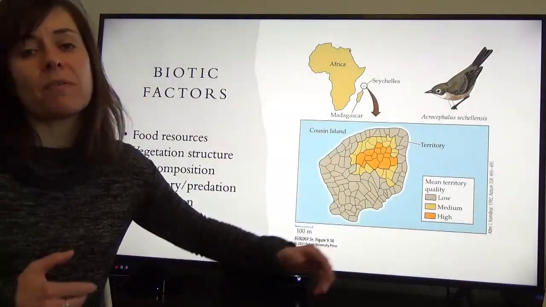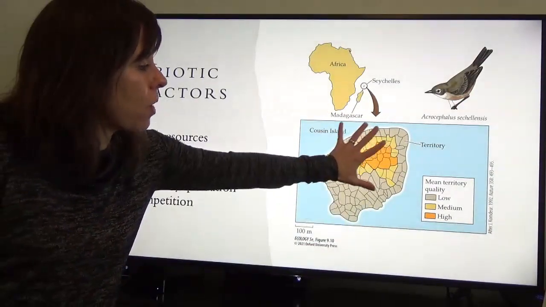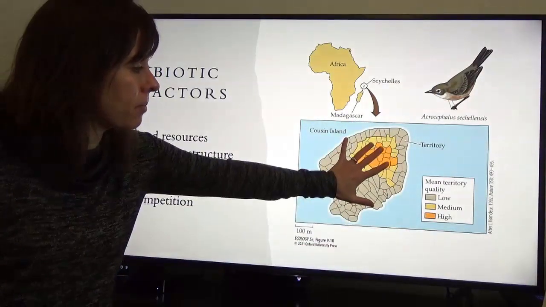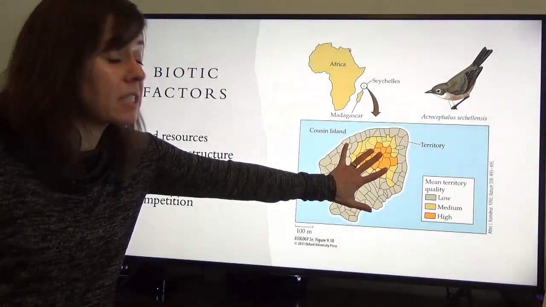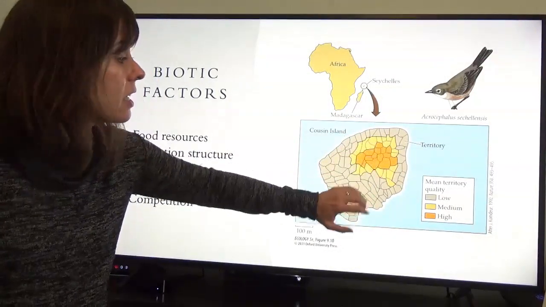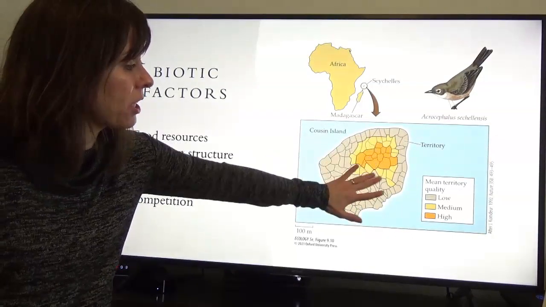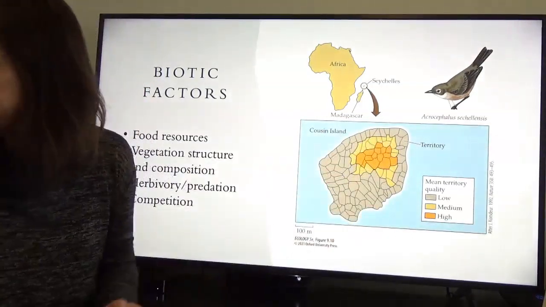So a great example of how biotic resources can dictate what we're seeing in terms of abundance, in terms of the numbers of individuals in a particular area. So we have much higher abundance in this dark yellow area compared to the lighter yellow compared to the brown.